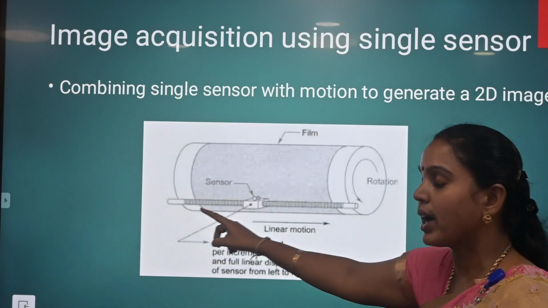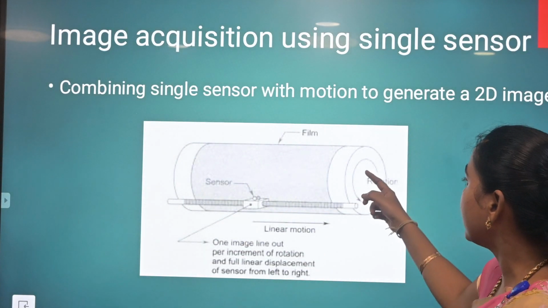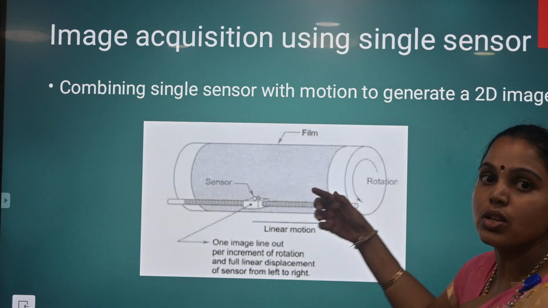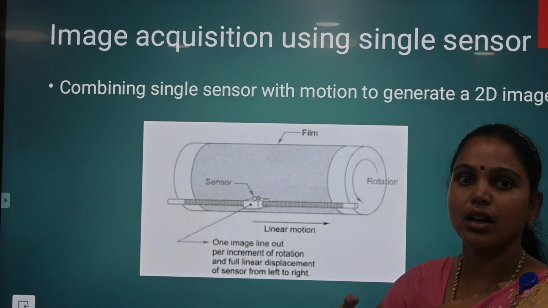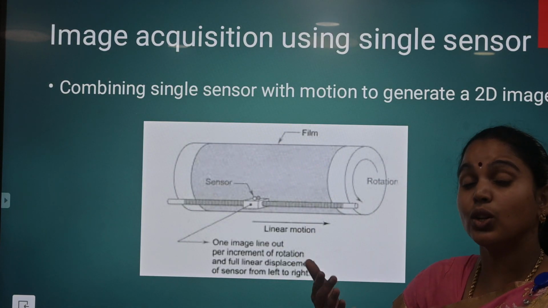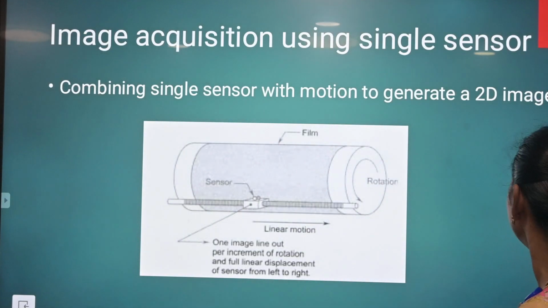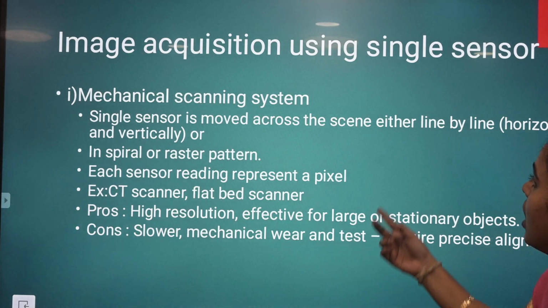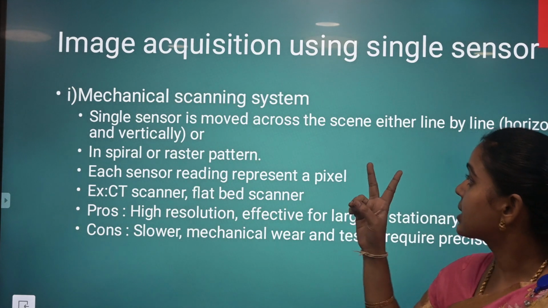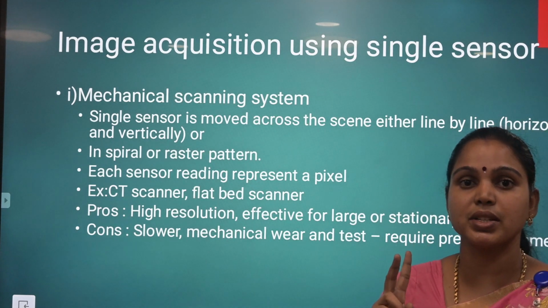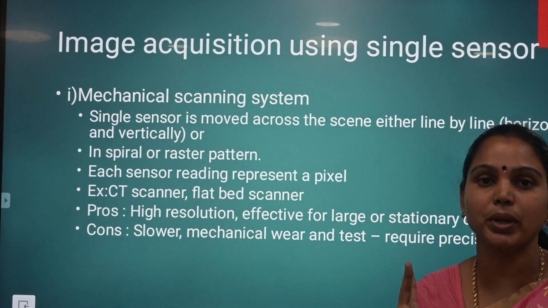So after one line of data is captured, then the drum is rotated once. So after the single rotation, the next line of data will be scanned. And there are two methods of scanning system: mechanical scanning system and optical scanning system.